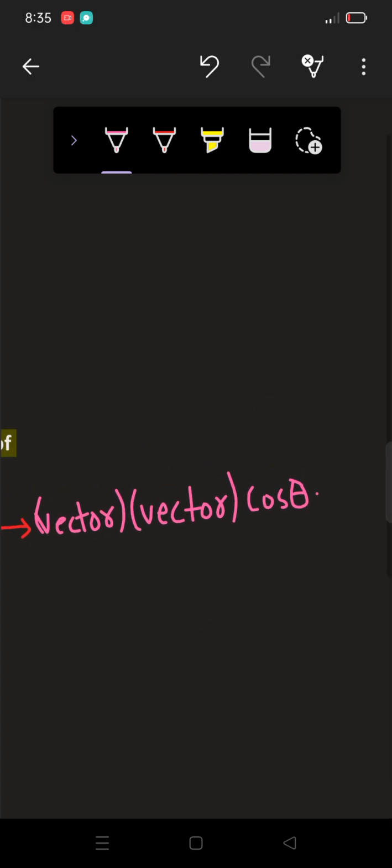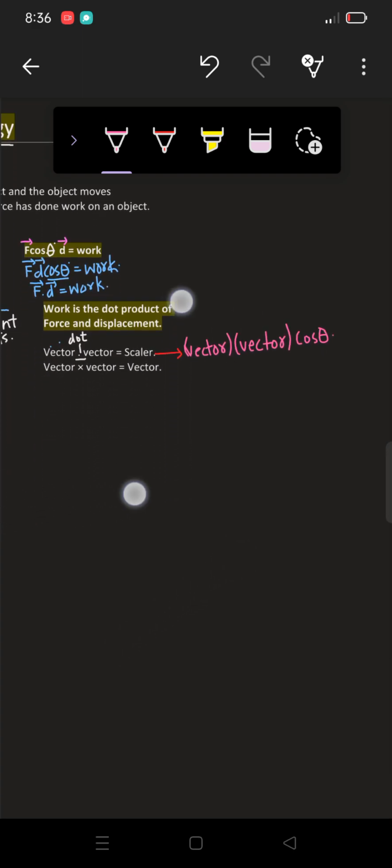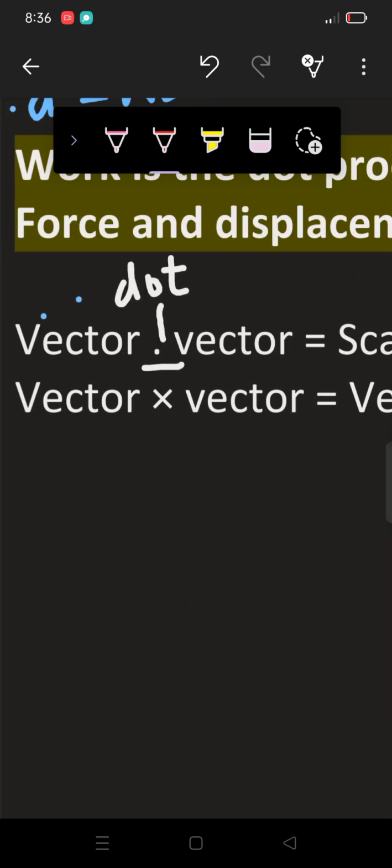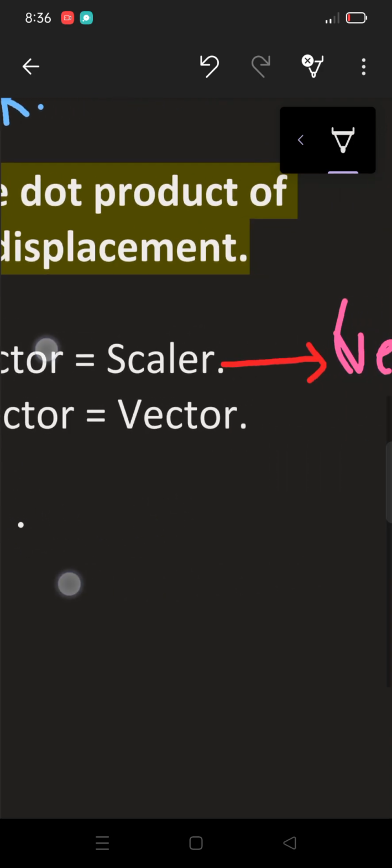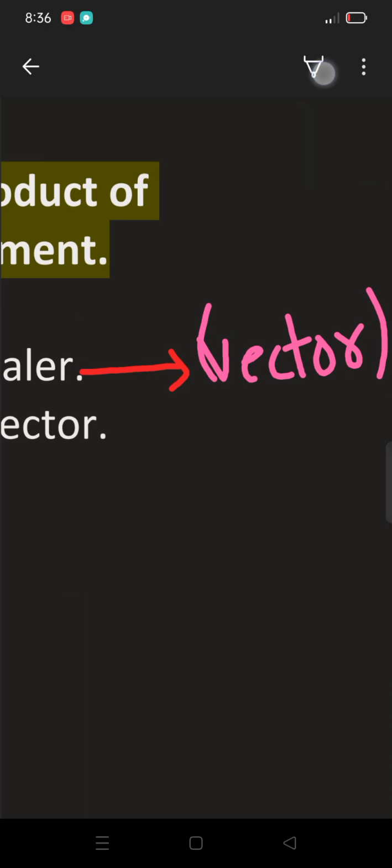Vector, vector, cos theta, right? When I remove this dot. But when I remove this cross, since this is a cross product, this is the cross product.